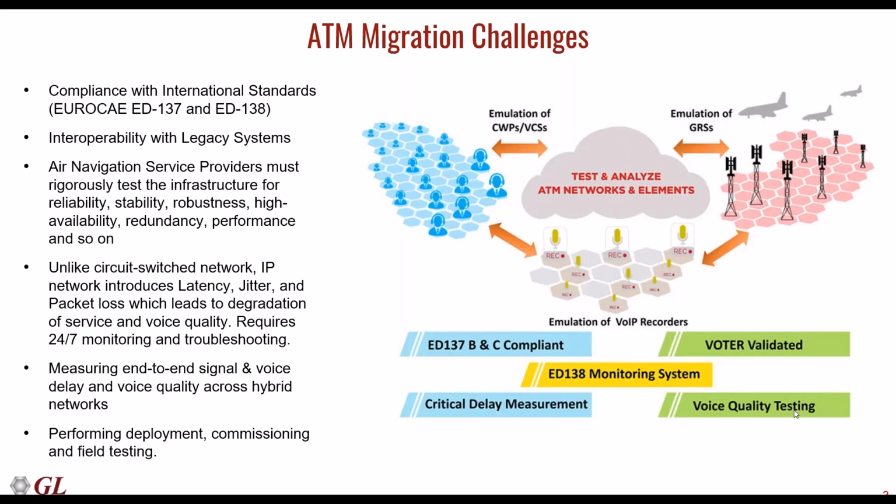So the air navigation service providers must rigorously test all of this infrastructure for reliability, stability, interoperability, and different performance metrics and so on. During this migration, you will find that a lot of these legacy networks still must be maintained and remain in use until the migration is completed.